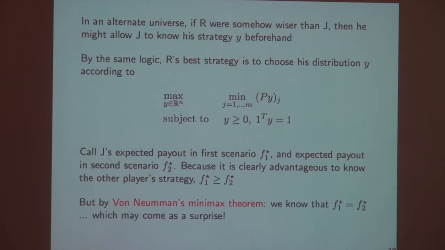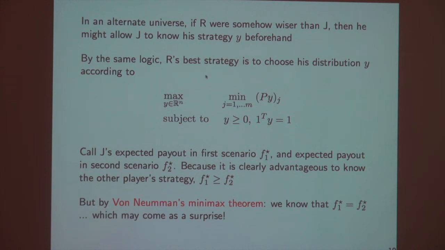So if in some bizarre alternate universe, R was wiser than J, we might flip the situation, right? We might say that R would give his strategy to J beforehand, and then J would try to maximize his expected payout, and R would try to protect himself against the worst case. That's also something that may happen. Think about what would happen then.